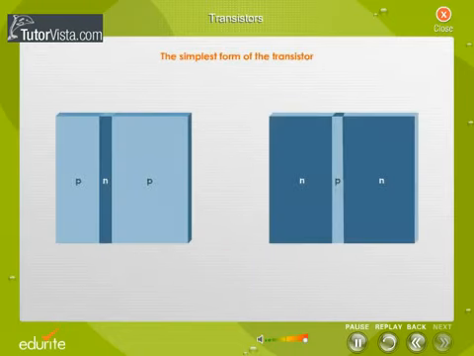The simplest form of the transistor, called the junction transistor, consists of a semiconducting material in which a very narrow N region is sandwiched between two P regions, or a very narrow P region is sandwiched between two N regions. The former configuration is called a PNP transistor and the latter is an NPN transistor.